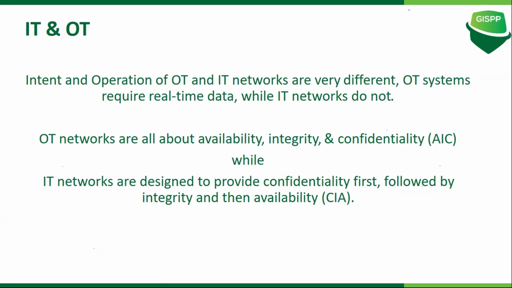So when IT and OT work together, confidentiality is the common thing when the connection is there, and availability is of higher significance in OT and lower significance in IT. So this is the main difference between IT and OT from the governance perspective.